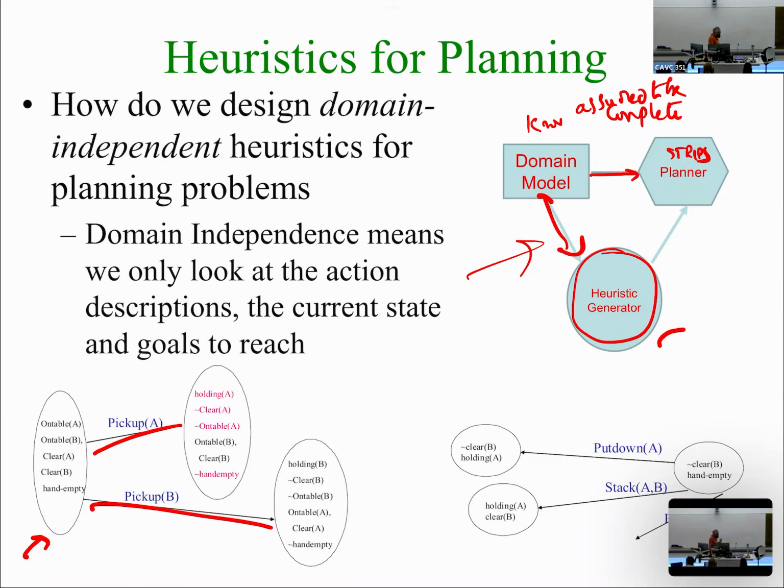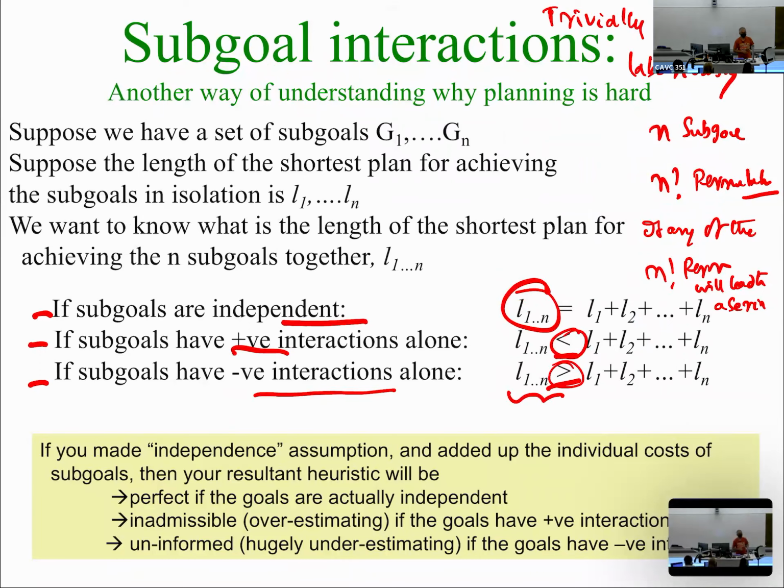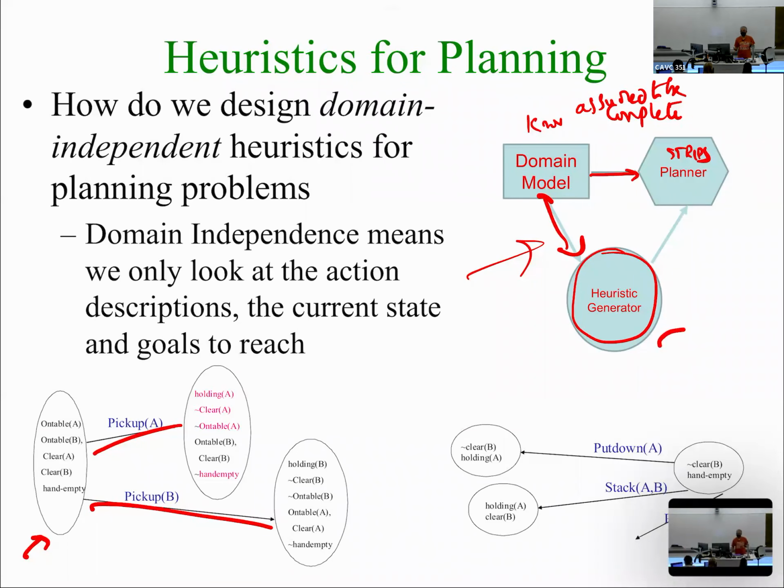In the planning domains, what are the details it can ignore? It can ignore interactions. It can ignore negative interactions. It can ignore both negative and positive interactions. And you'll get some heuristics.